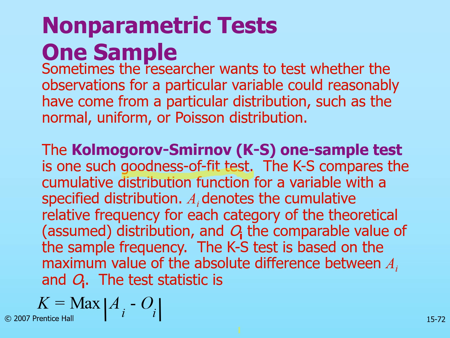So KS is based on the maximum value of the absolute difference between the actual value and observed value, omitting the sign.